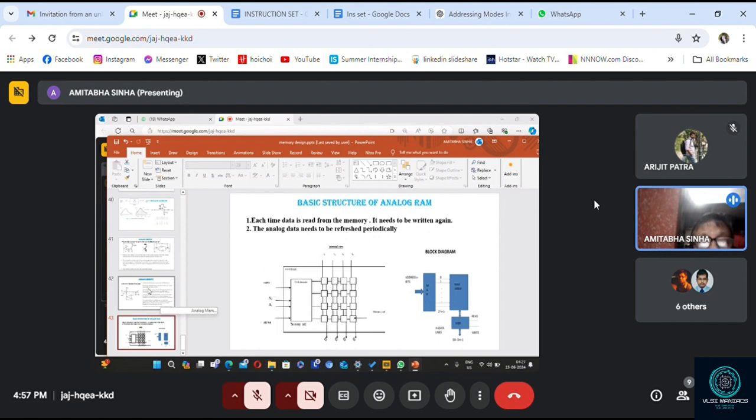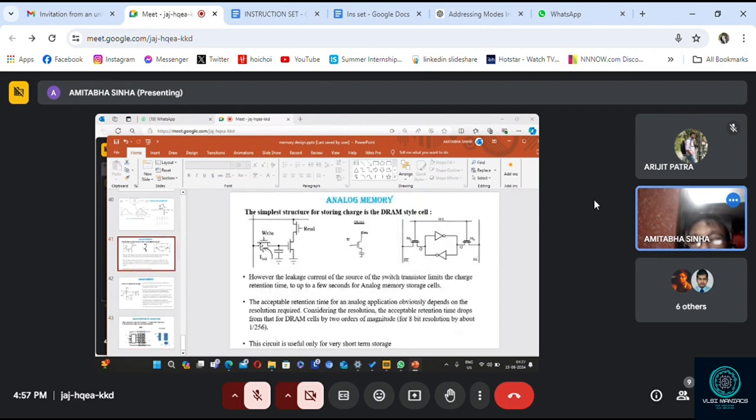If a row is selected, there will be an AND gate with the write signal, so depending on that, this gate will be one: the write signal and that particular row. The output comes to this write line, this gate is selected, and the data will be stored. That is the structure of the analog memory.